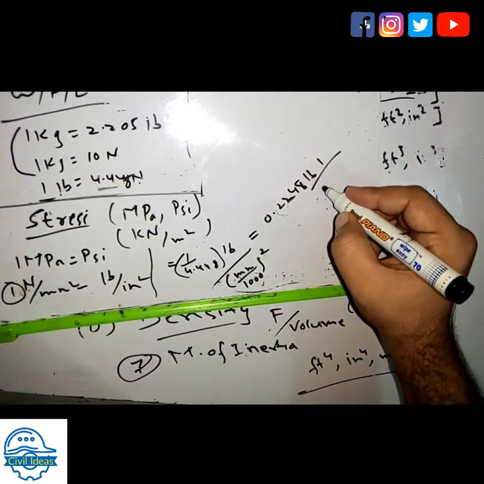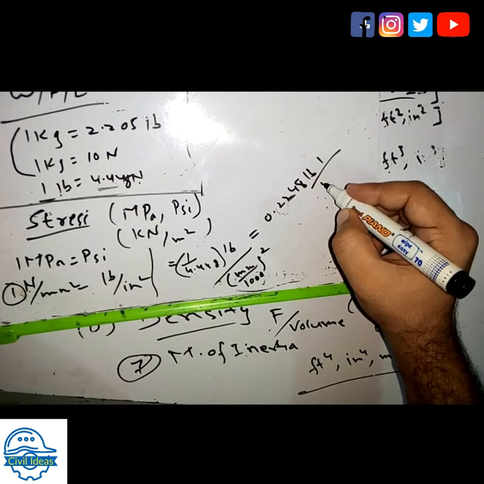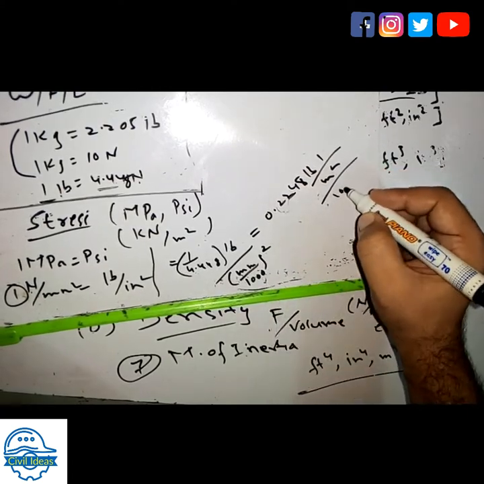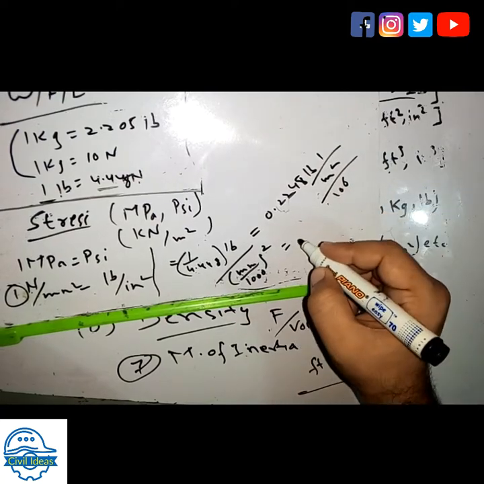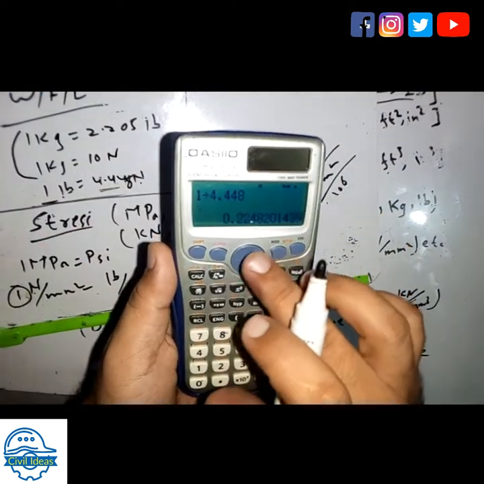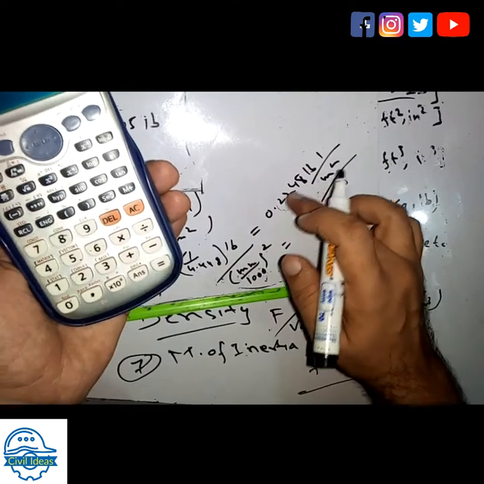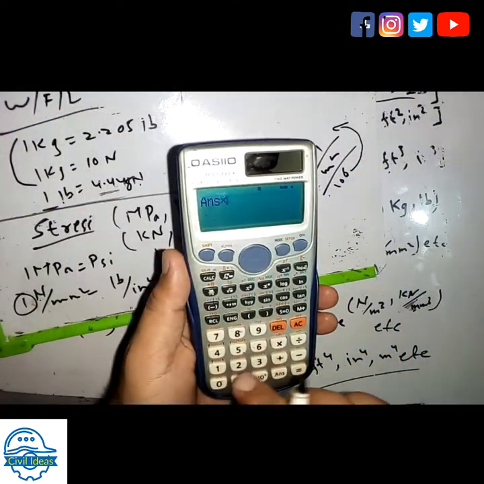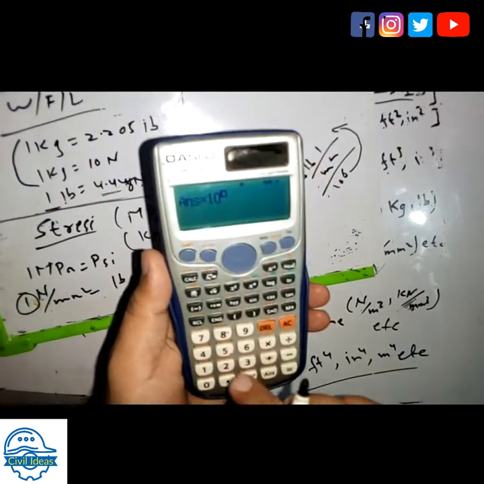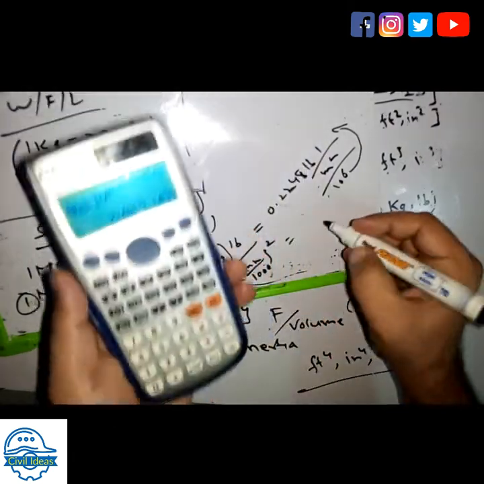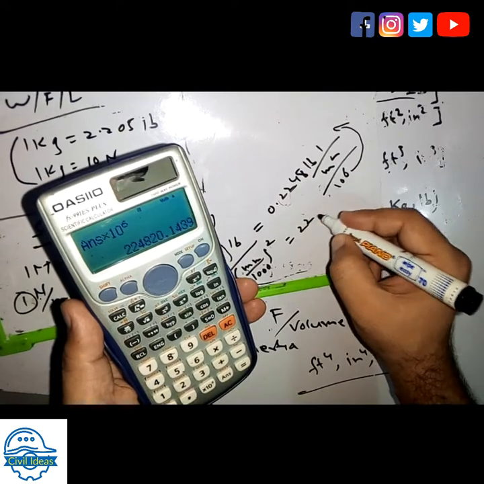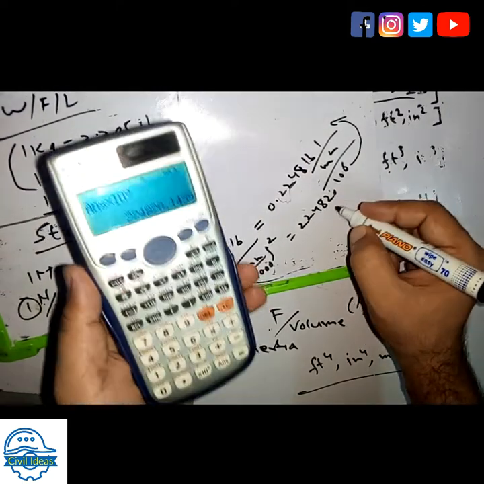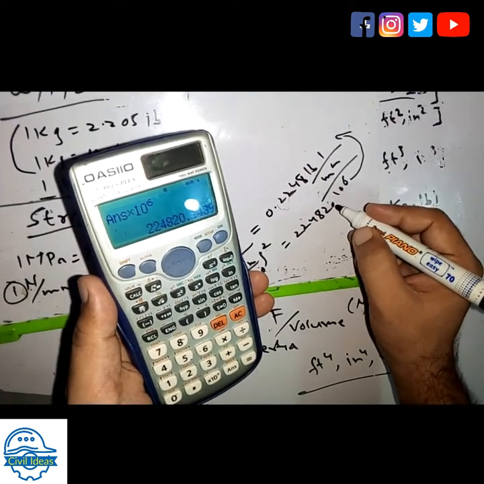mm into meter square is divided by 1000 square, that is 10 to the power 6. So multiply this term with 10 to the power 6, because it will go into the numerator. 10 to the power 6, it will become 224,820.